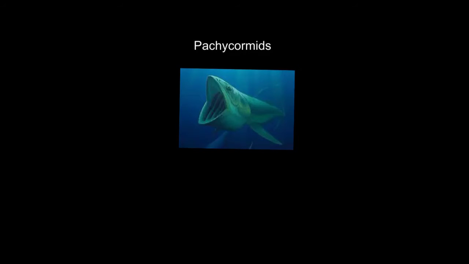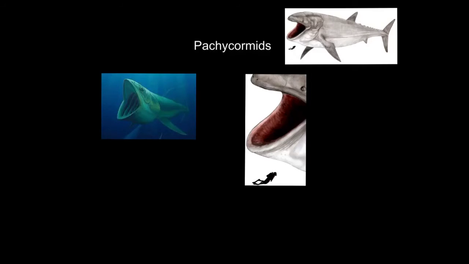Pachycormids were some of the most gigantic fish that ever lived. In fact, I found that they were so big that I needed to include 2 extra pictures. So, on the left we have a picture of one pachycormid. That's just an example. The other one is a scale representation of a diver versus one of the largest pachycormids.